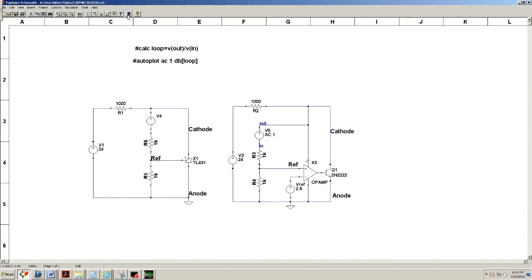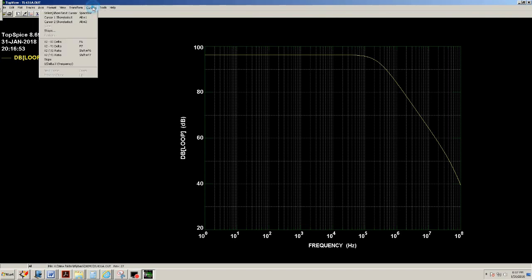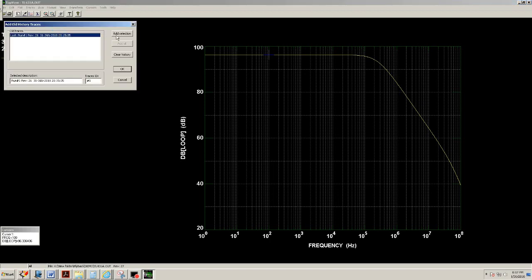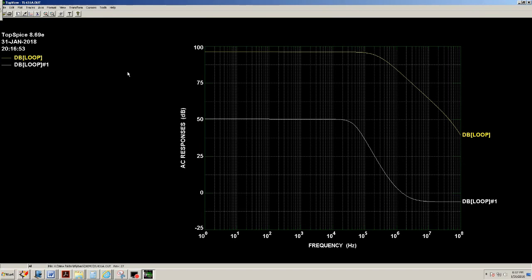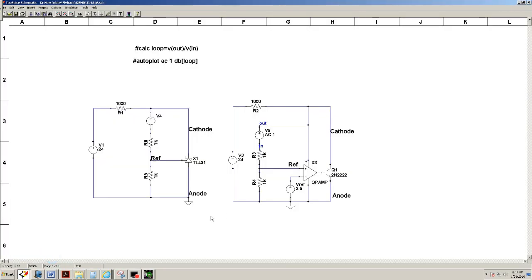Okay, so now we're going to go ahead and run. And there you have it. Notice that this has a much higher gain. So your errors are nulled out with much higher gain. Okay, so we're going to go ahead and add. And here's a comparison.